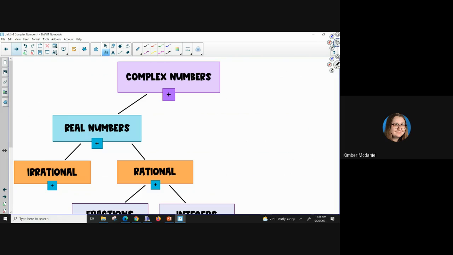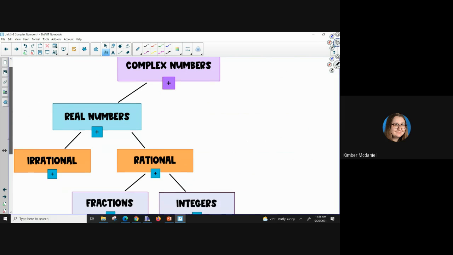The complex number system is something that probably was mentioned to you in Algebra 1. And even if they didn't specifically tell you, oh, this is the complex number system, that's what it is, okay? Complex numbers can be broken down into real numbers, okay? So all numbers are complex numbers, but they can be broken down into real numbers.